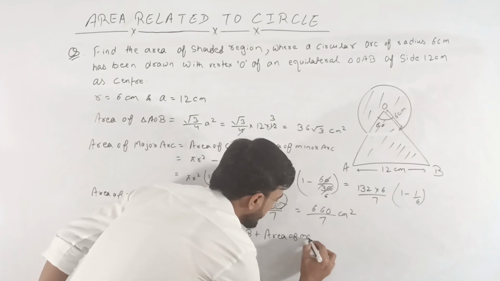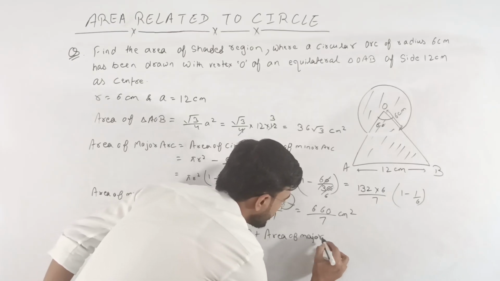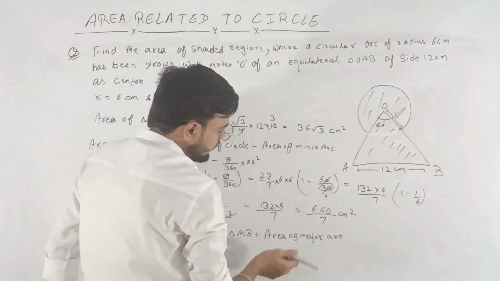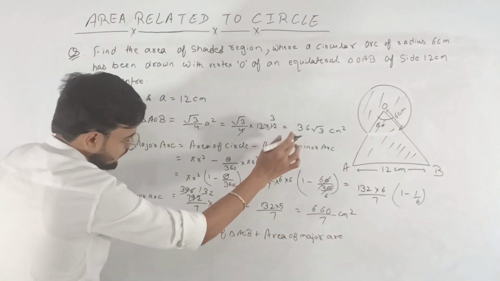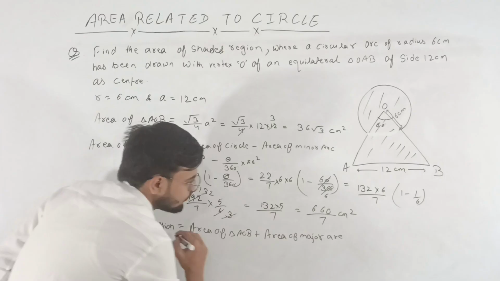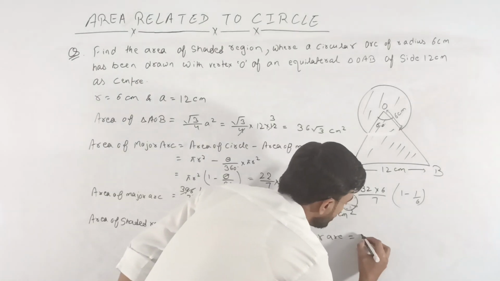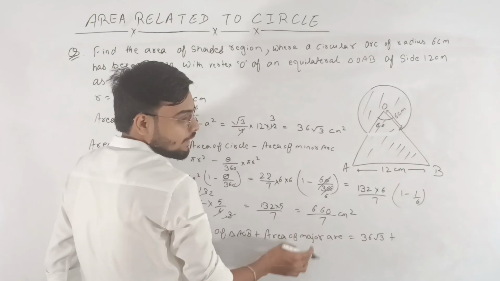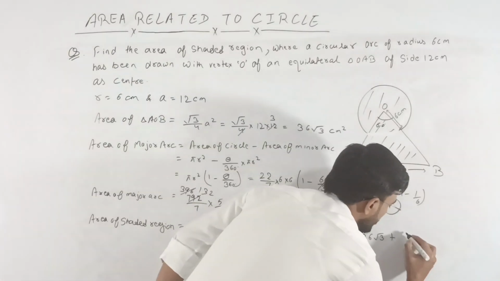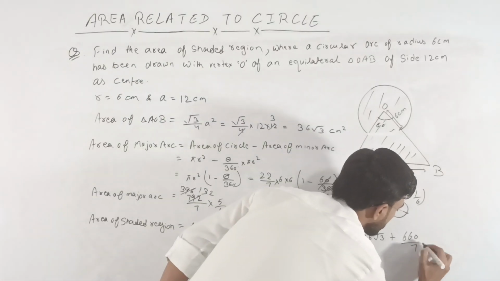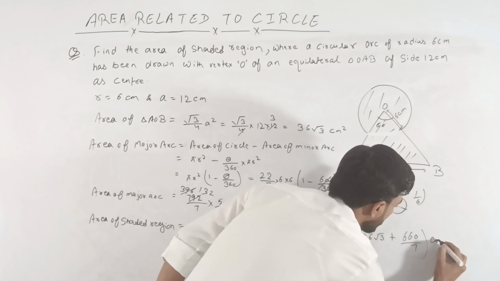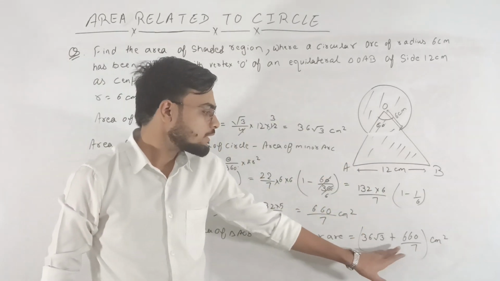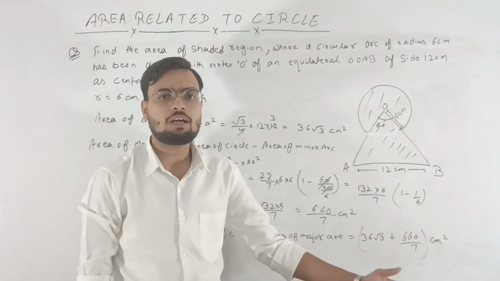Okay, so the area of the triangle is 36 root 3, plus the area of the major arc, 660 upon 7. This is the area of the shaded region: 36 root 3 plus 660 upon 7 centimeter square.